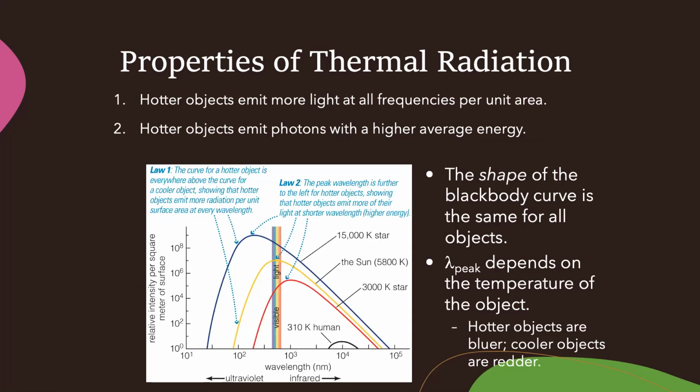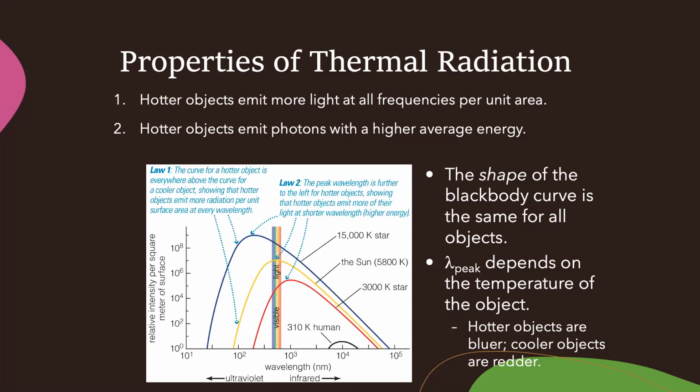So there are two laws, and those laws are both expressed in the picture, but also in numbers 1 and 2 at the top, right? So essentially, we need to know two things. One, the hotter something is, the more light at all frequencies it will emit per unit area.